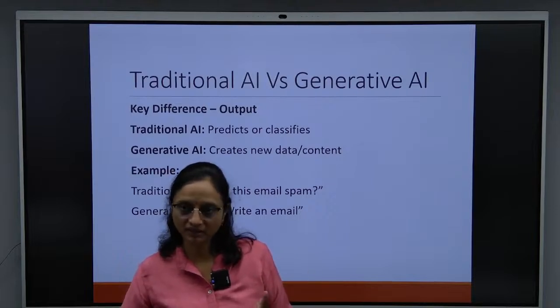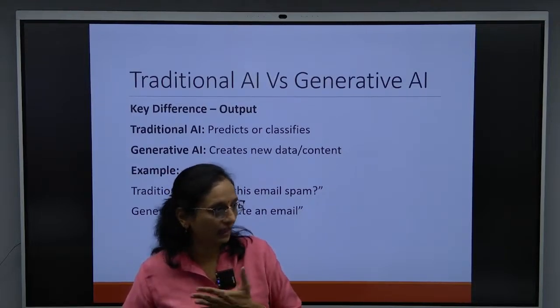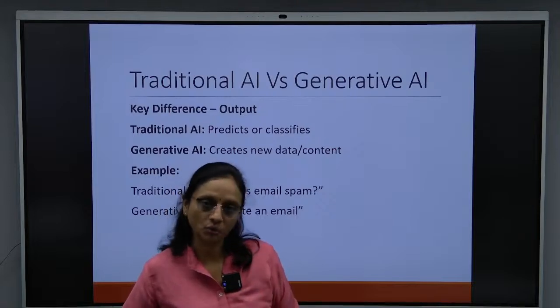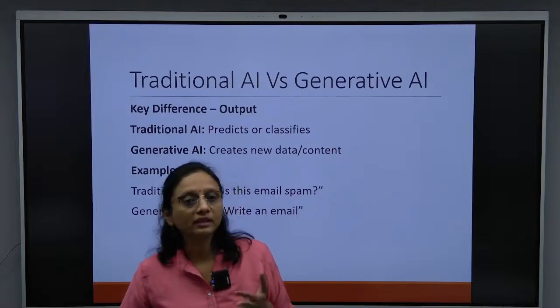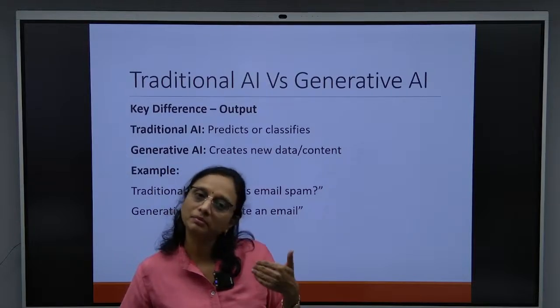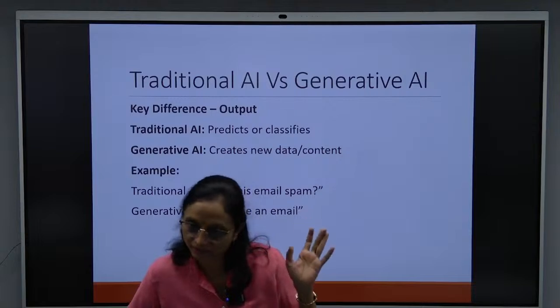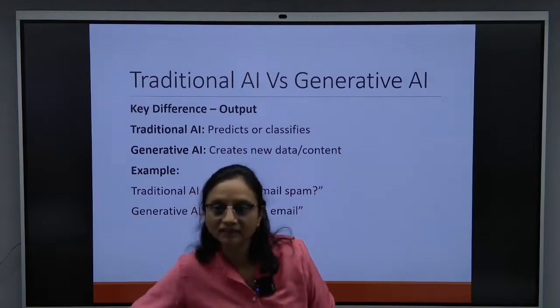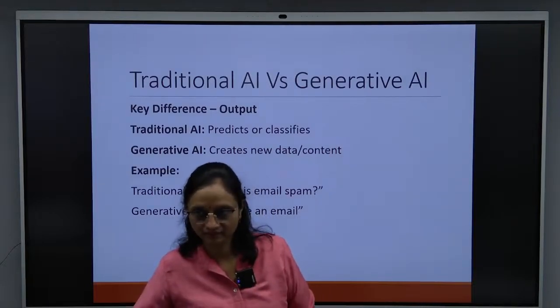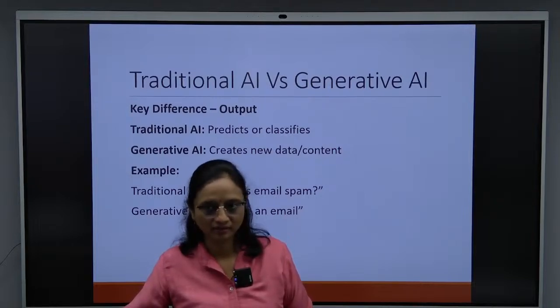I am talking with an agent from Tata Fiber and my problem is that I am facing an internet connectivity issue. The agent is now going to draft a mail for me saying this is the problem and send it to this mail ID. This is the generated mail. Agree? Auto generation.